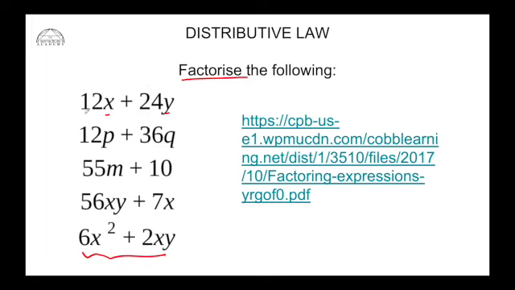So let me ask you something. Are there any factors that are common between these two terms here? 12. Very good. So I could pull 12 out.